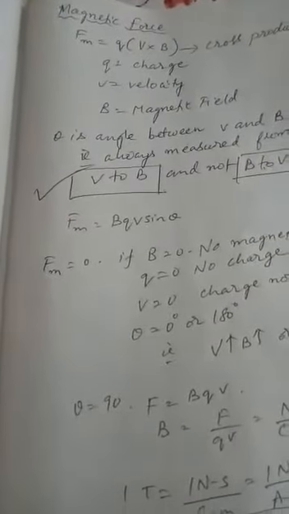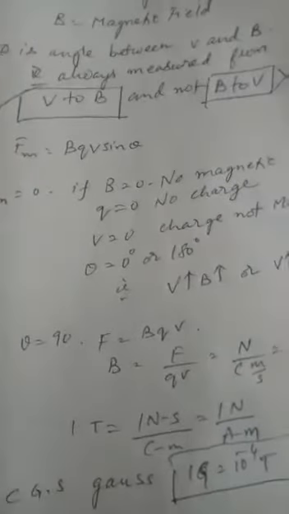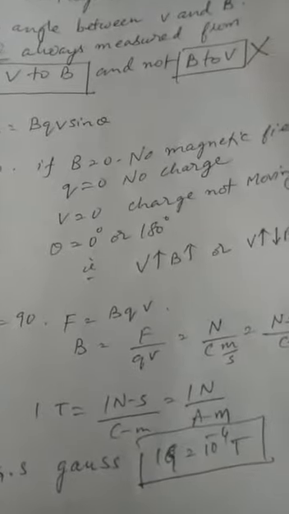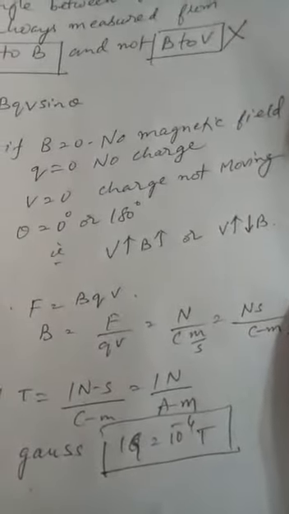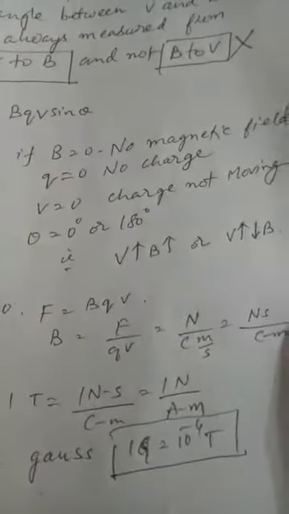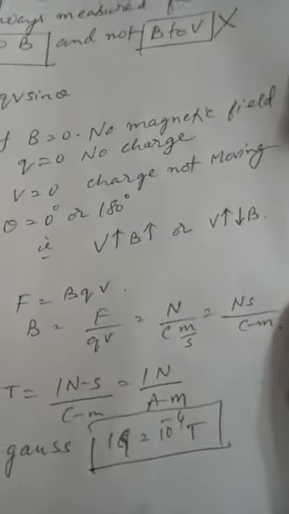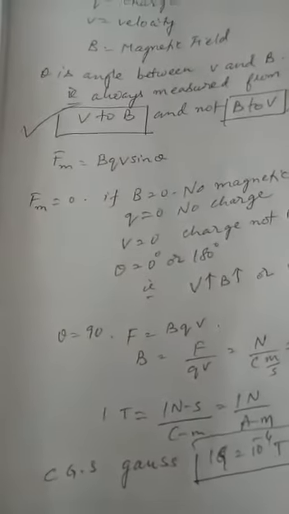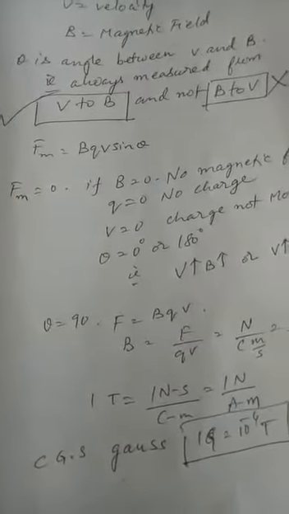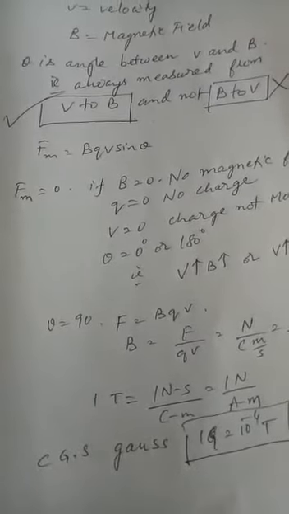Now, what is the unit of B? How to find the unit of B? F is equal to BQV. If you rearrange, F is in newtons, Q is in coulombs, V is in meter per second, you finally get newton second by coulomb meter. This is called Tesla. Tesla was a scientist. It is the SI unit.